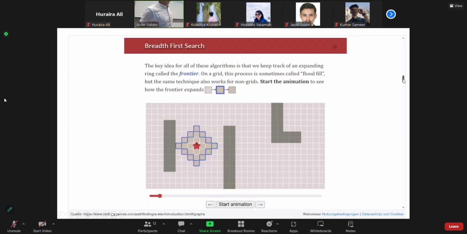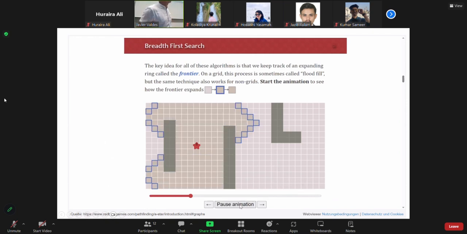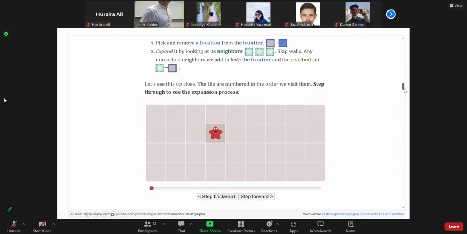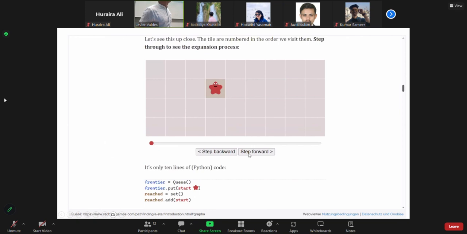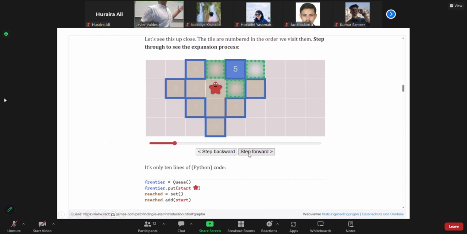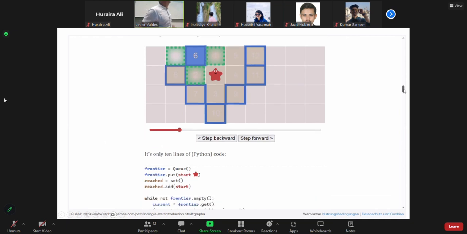So you can see also here how it works. It's the same as we have seen before. And you can see how it goes through the different spaces. As we have seen before, you first look into A, then you look into B, then you look into C, D, E, and so on. In this case, it's with numbers, and if you are interested, they have the code.